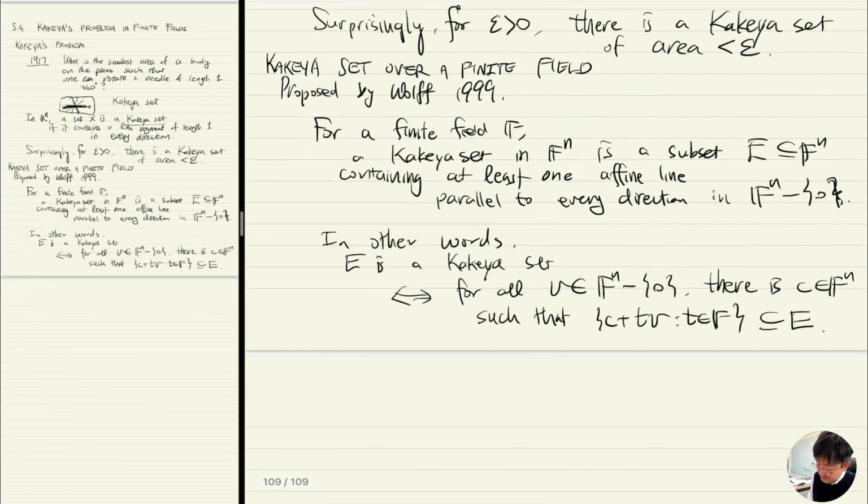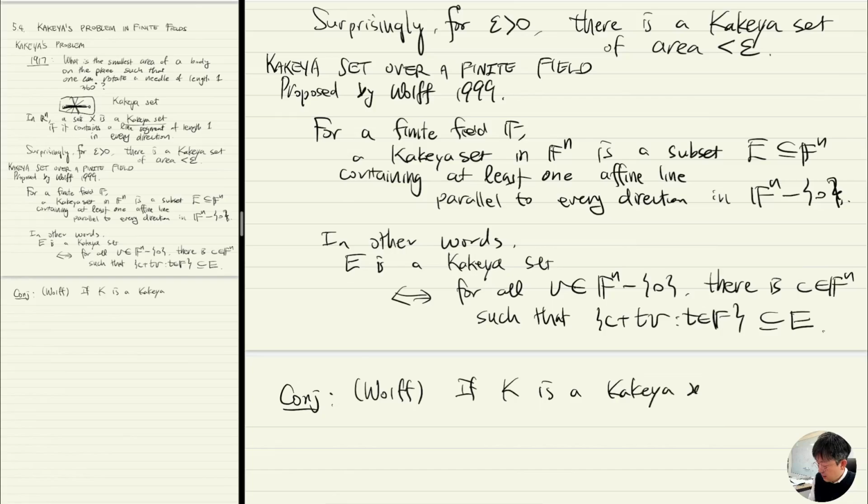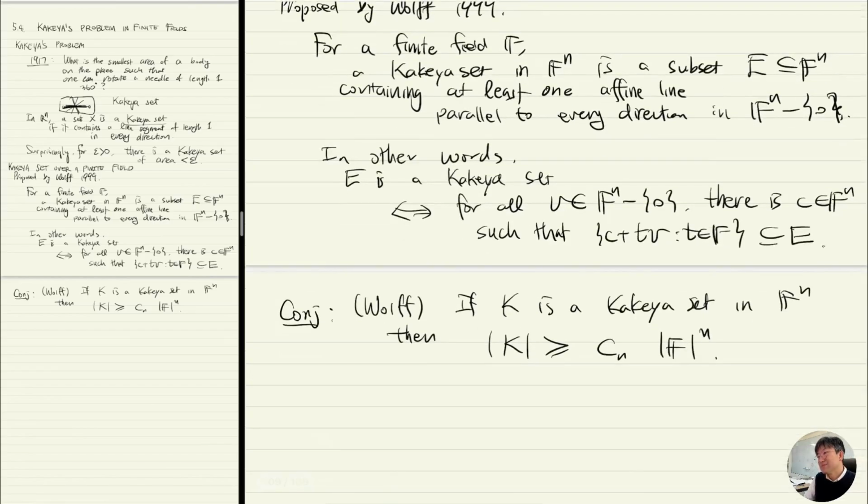And then he made the following conjecture. Unlike the usual geometric problem where you don't have a lower bound on the size of a Kakeya set, in the finite field, this was proposed by Wolff: if K is a Kakeya set in F^n, then the size of K is at least some constant times F^n.